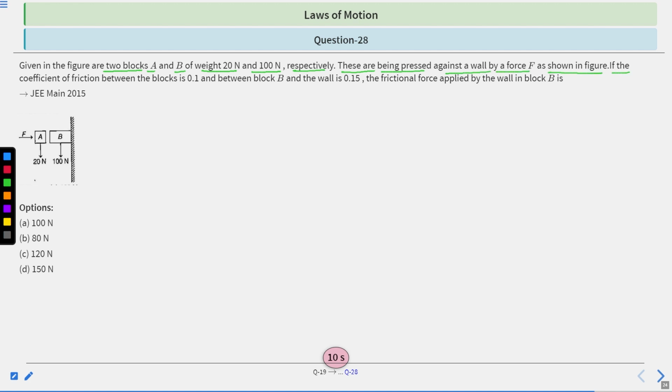The coefficient of friction between the blocks is 0.1 and between block B and the wall is 0.15. The frictional force applied by the wall on block B is what? The given options are 100 Newton, 80 Newton, 120 Newton or 150 Newton. You have 10 seconds to solve this question. After that we will provide the solution.